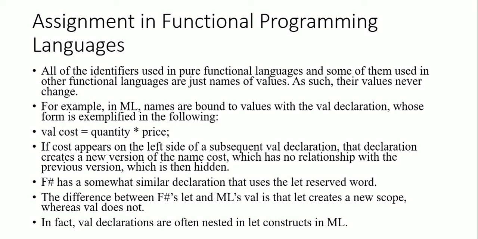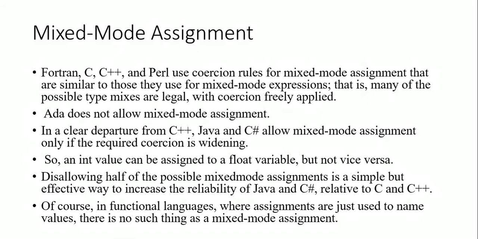Then we have mixed mode assignment. Fortran, C, C++ and Perl use coercion rules for mixed mode assignment that are similar to those they use for mixed mode expressions. That is, many of the possible type mixes are legal with coercion freely applied. Ada does not allow mixed mode assignments. Okay. In a clear departure from C++, Java and C# allow mixed mode assignment only if the required coercion is widening.